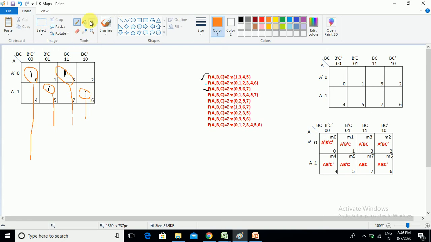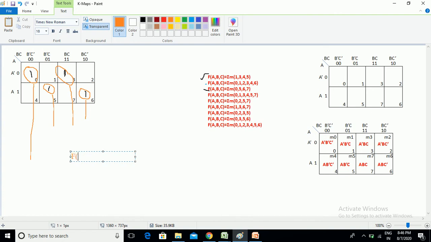The final answer for the given Boolean function will be f(a, b, c) equals, what is the answer for the 0 cell? a' b' c'. Next, the third cell value: a' b c, plus the fifth cell value: a b' c, plus the sixth cell: a b c'. So this is the answer for the given Boolean function.